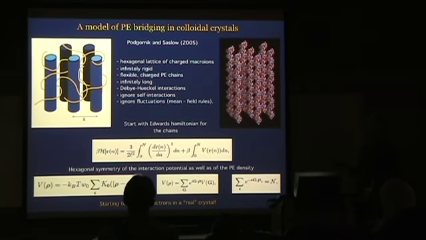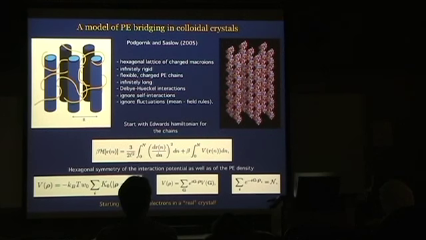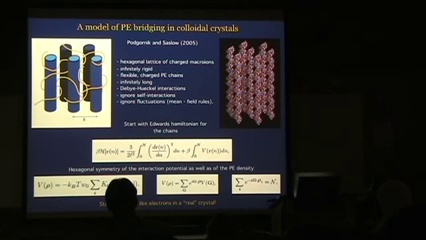I will start with a hexagonal array of DNA, so it's a little bit like a two-dimensional crystal, right? You have an array of DNA molecules. If you cut this array with a plane perpendicular to their axis, you will get a two-dimensional hexagonal crystal. And in this crystal, I will insert long, oppositely charged polyelectrolyte chains, which you can see here.